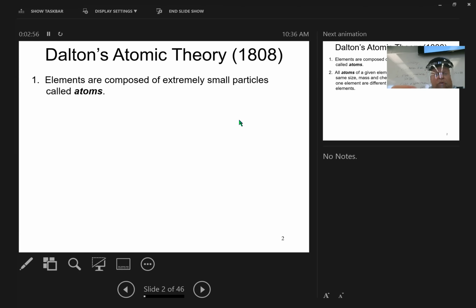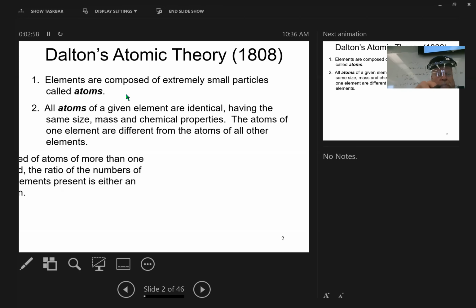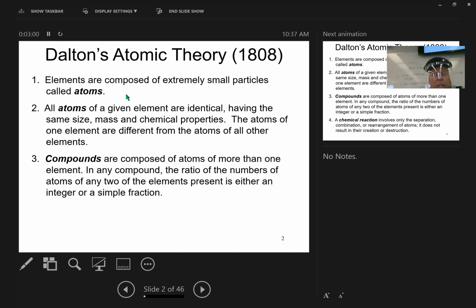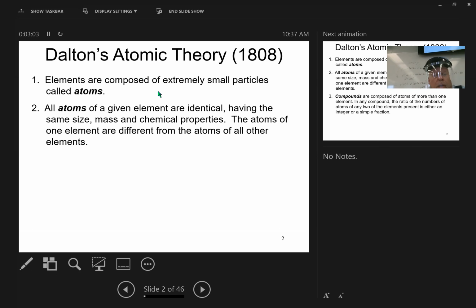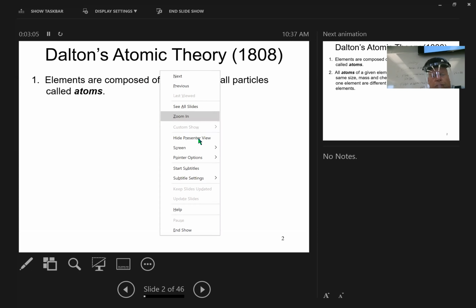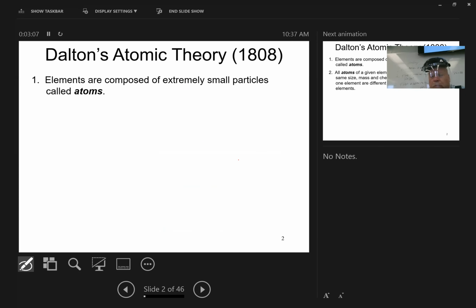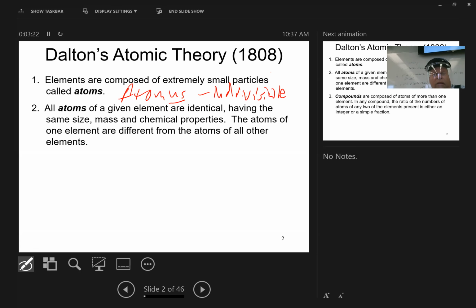And this comes from the Greek word atomos, which essentially means indivisible. And if you think about it, it's very logical.